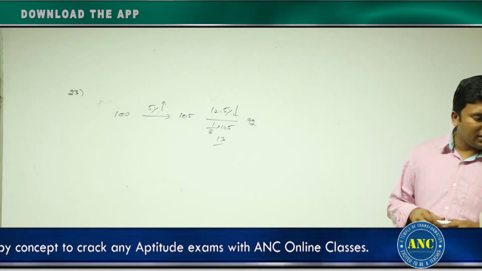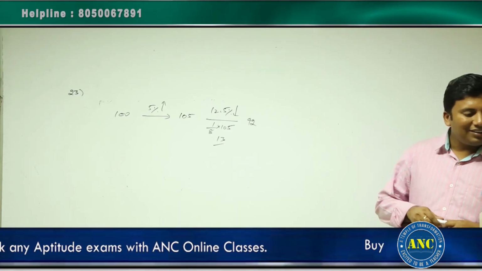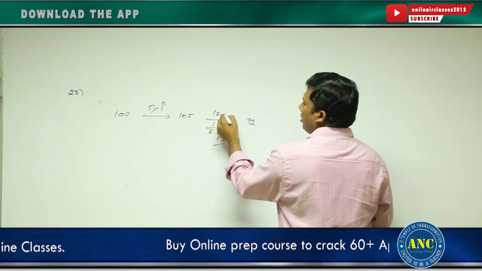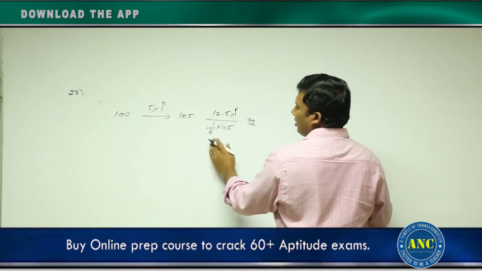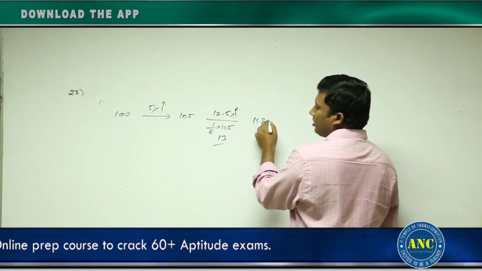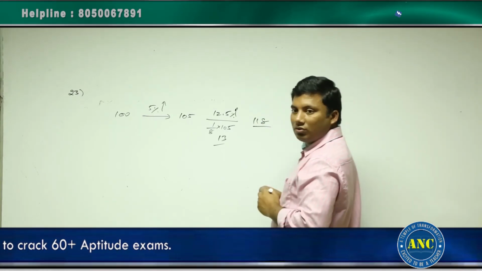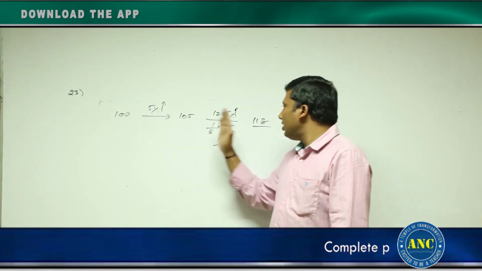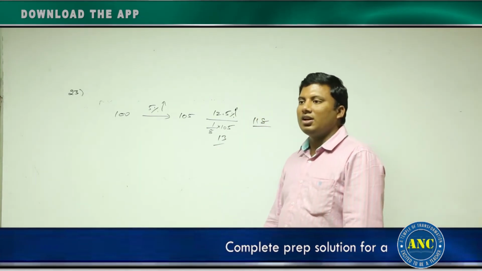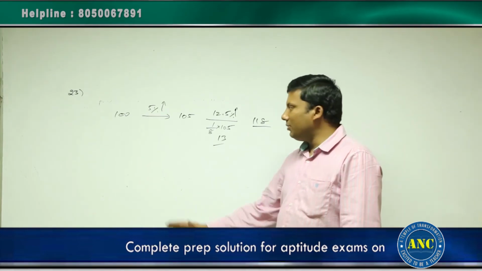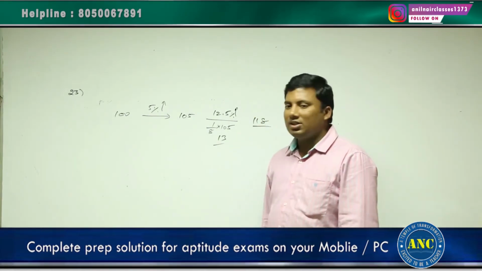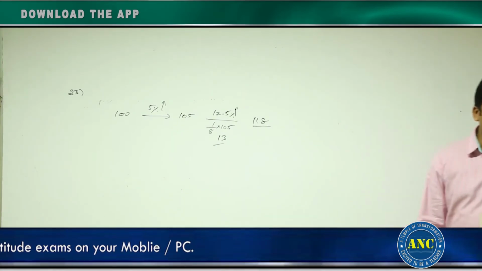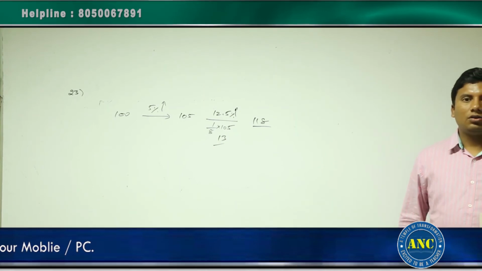Both of them are increase only. 12.5% increase means 13 increase. That means 18. 5% increase is 105. That means for 100 there is 118. How much it's increase? 18%. That means there is an overall increase of 18%. Play with the answer option. Clear, sir?